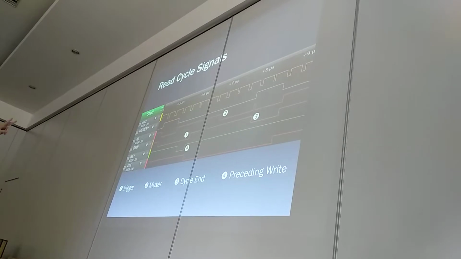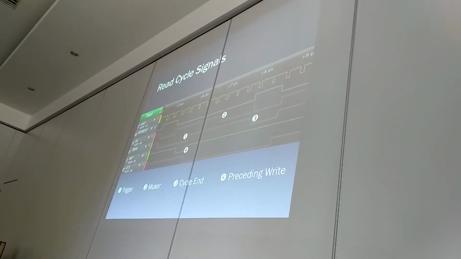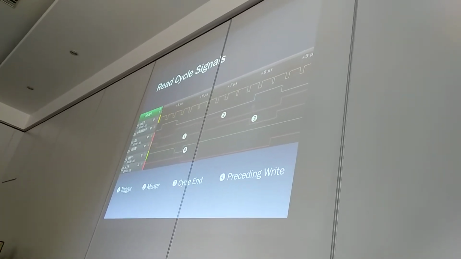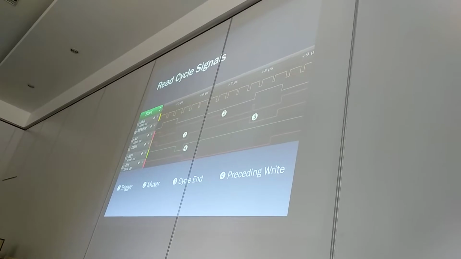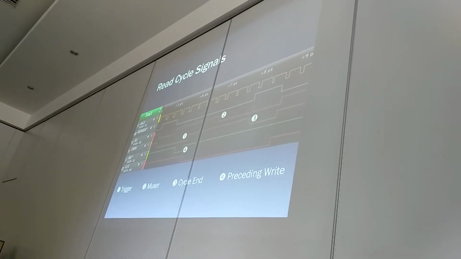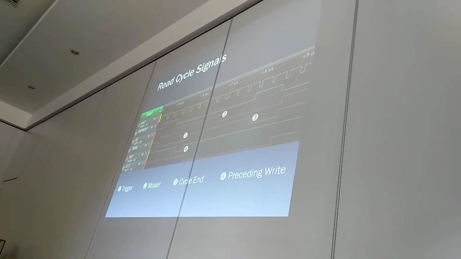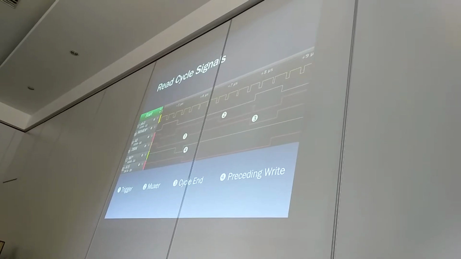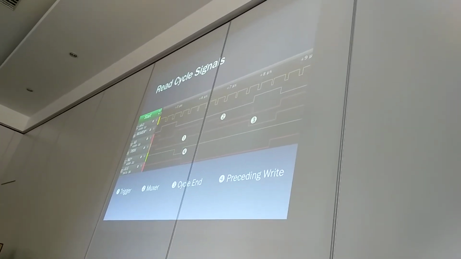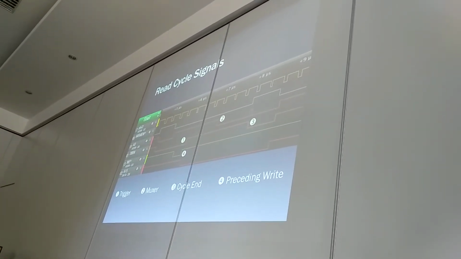You can see that there are some wider and some narrower cycles. This is just rounding errors, because the logic analyzer has only discrete times when it looks at the signal, and then you get these rounding errors with narrow and wide signals.